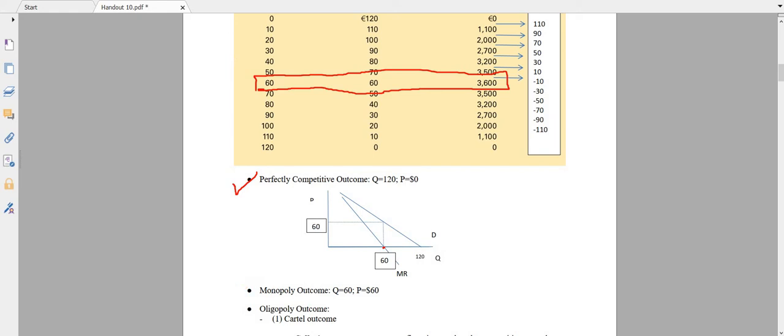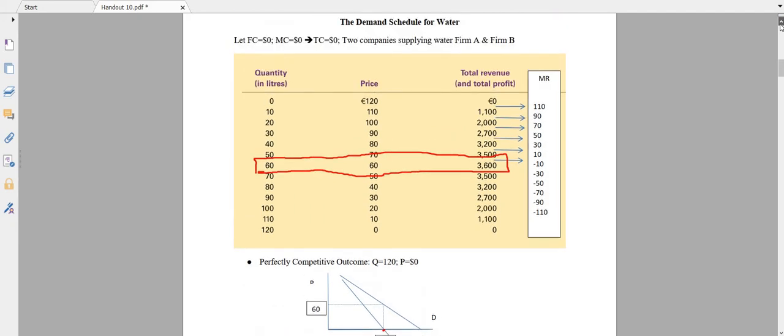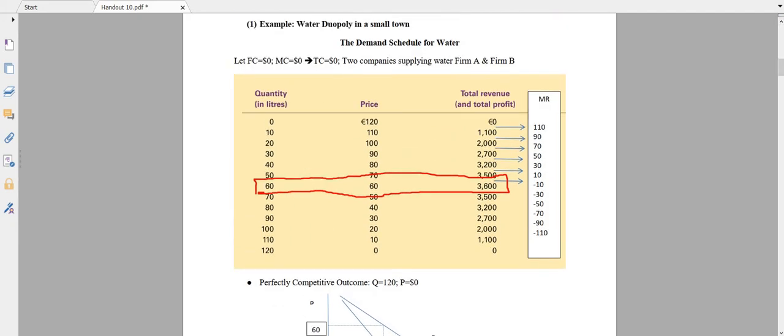Now, coming to oligopoly. I said that this was an example of a duopoly. So let's see, if this is a duopoly, how would these two firms, A and B, set their pricing and production decisions?